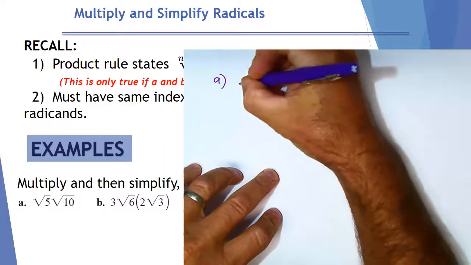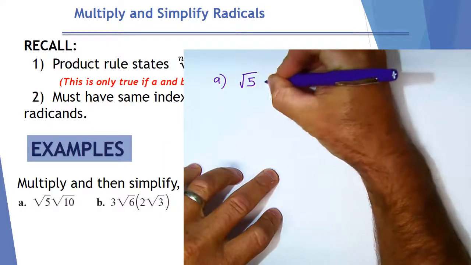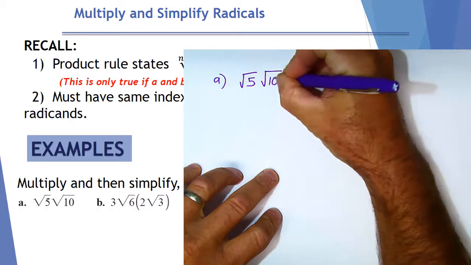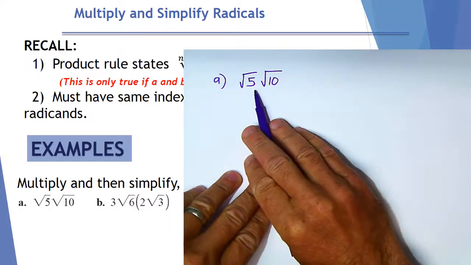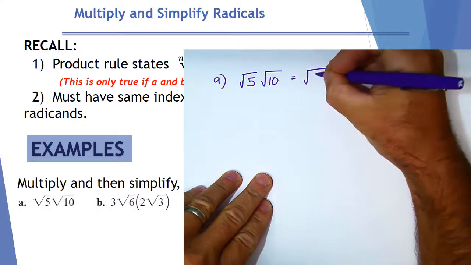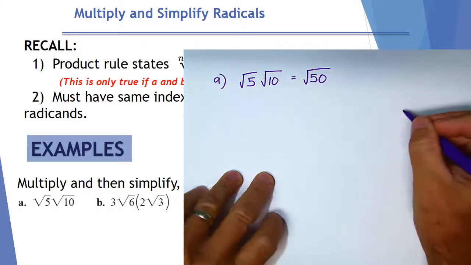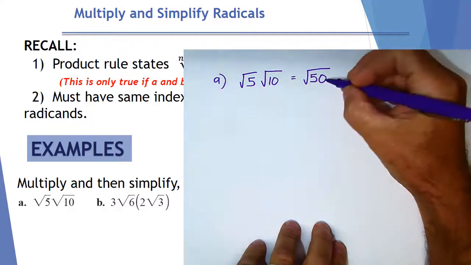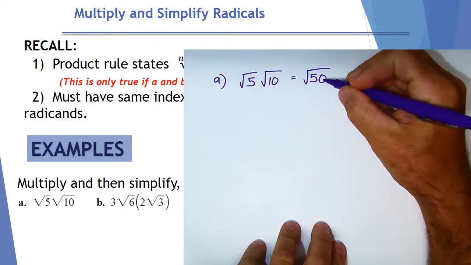The first one, a, we're going to multiply the square root of 5 times the square root of 10. Now that says that the square root of 5 times the square root of 10, we can combine those and call that the square root of 50. Now we've turned it into a root, but here's the thing. The number 50 contains a perfect square.